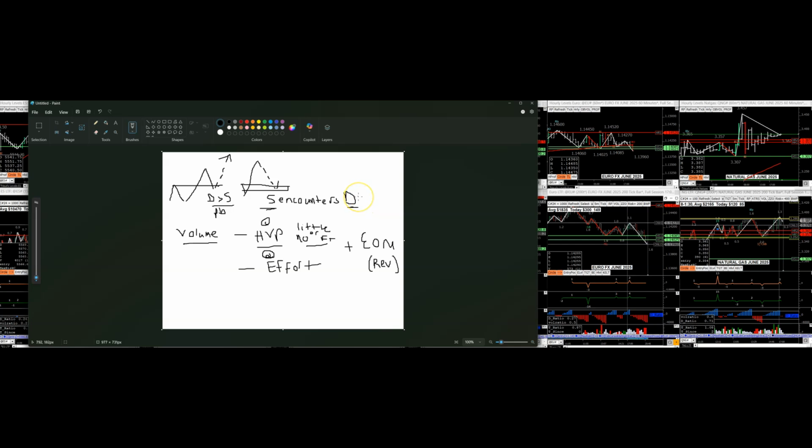You cannot make the judgment that it's automatically going to reverse. Why? Because when supply encounters demand, you can have at least two major situations. One, it absorbs demand and continues lower.